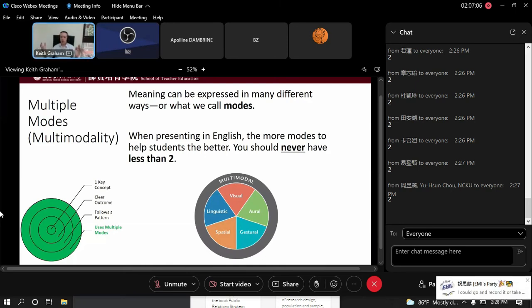The final thing that we're going to talk about today is this idea of multimodality, or multiple modes. Essentially, modes are different ways that we can express meaning. They're different ways that we can communicate. Okay, so for example, we can, of course, use language. I am using language to talk to you right now. We can use gestures.